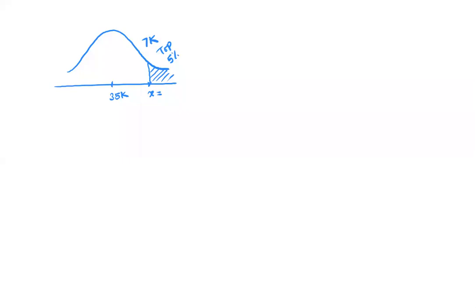Juan Perez, what do you think? Would it be like 100 subtract whatever number that we got last time? Because doesn't the whole curve equal out to 100?